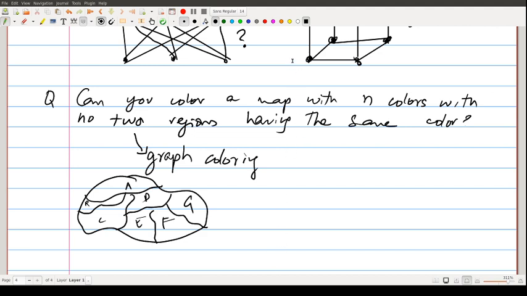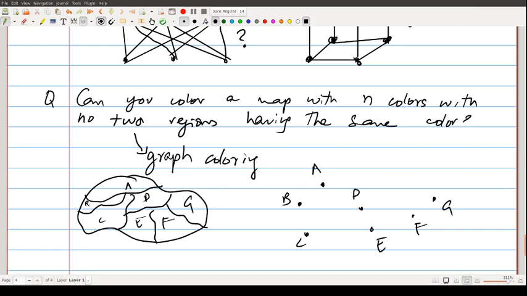You can draw a vertex for each of the regions, A, B, C, D, E, F, G, and draw edges between any two regions which are adjacent to each other.